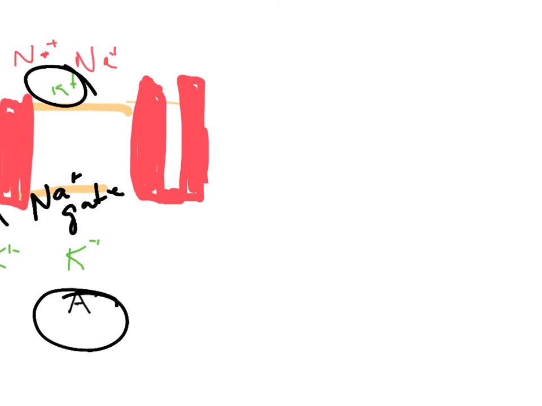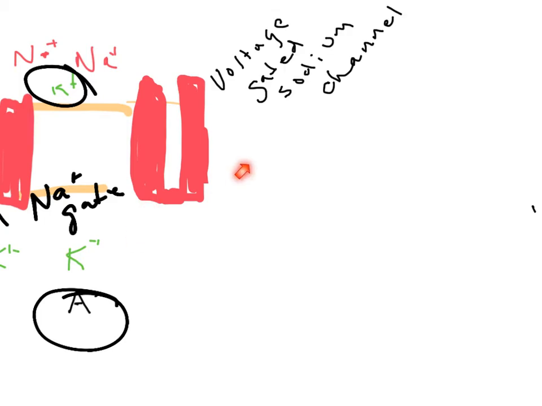Well, let's say that this gate here is a voltage-gated sodium channel. So that when the voltage, which starts at -70, reaches the threshold, these sodium gates open up.